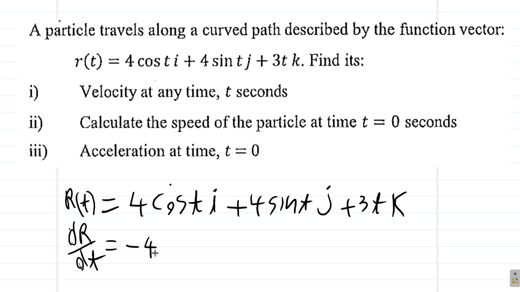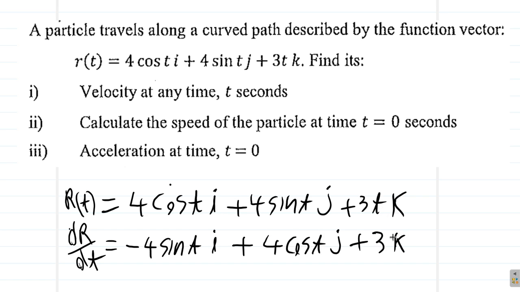So you have negative 4 sine t in the i direction, right? Now plus, when you differentiate sine, you get cos. So the derivative of sine t is cos t. So it's 4 cos t in the j direction, plus, now differentiate this with respect to t, you get 3 in the k direction. So you have a magnitude and you have the directions given by i, j, and k. So that's a velocity. Alright?